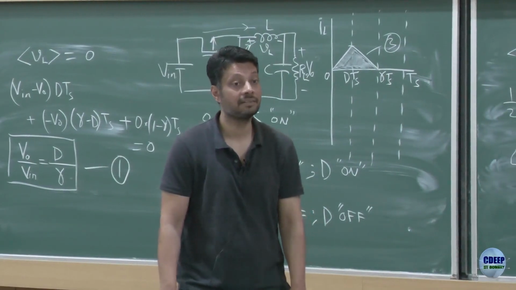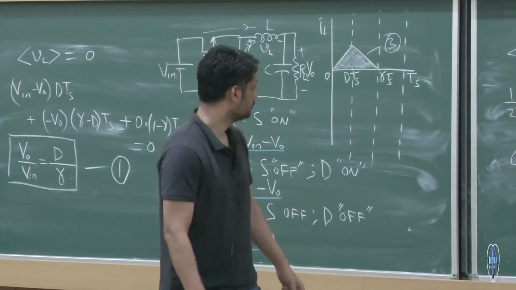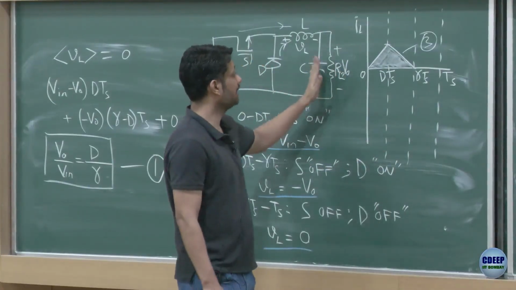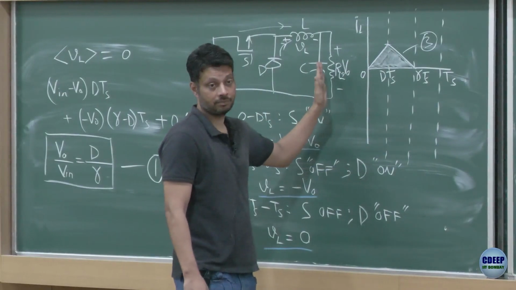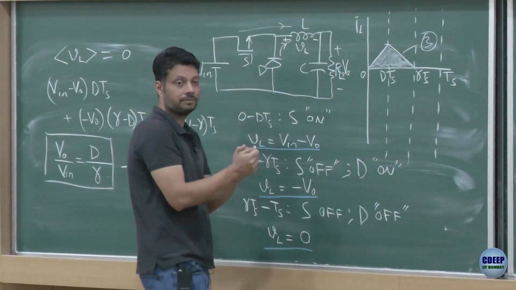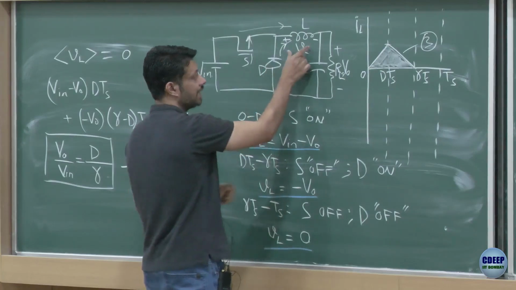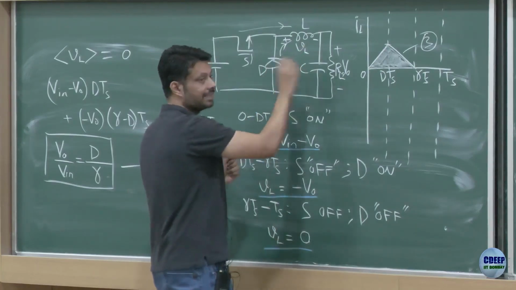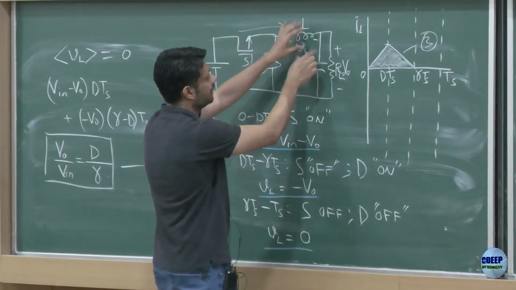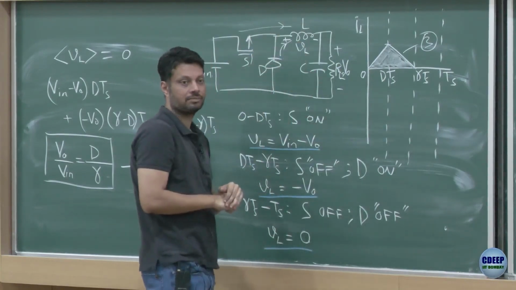After the inductor current goes to zero in this period, yes, this will still flow and it will continue to discharge the capacitor. Look at this circuit: there is a ripple current and there is an average current. This will only take the ripple current, and this will only take the average current. So this average current has to be equal to this average current.